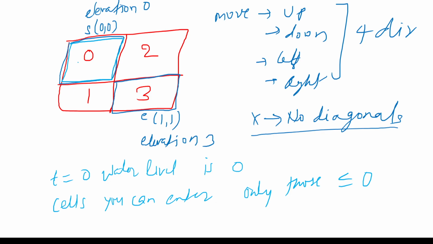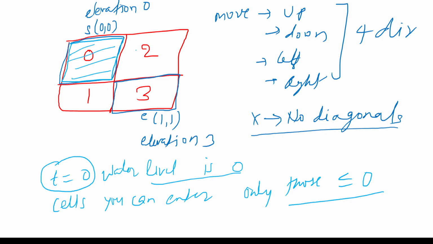The water will cover the cell with 0, and the others will not be submerged. There is no water there. When t equal to 0, the water level is 0, so we can only enter cells whose elevation is less than or equal to 0. You can only swim this cell.